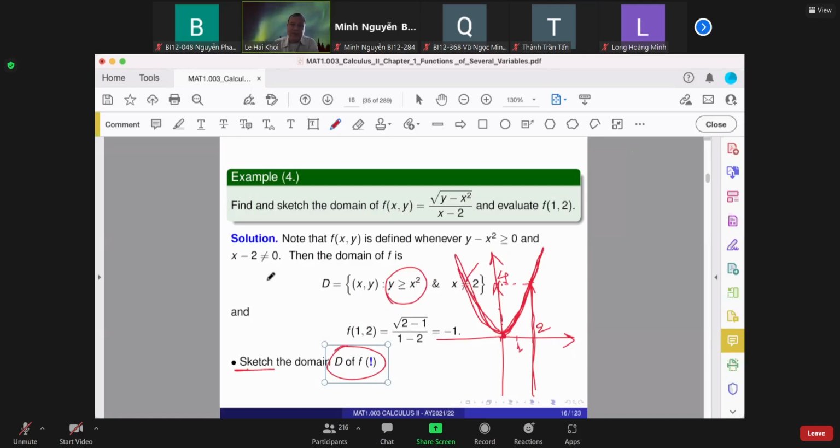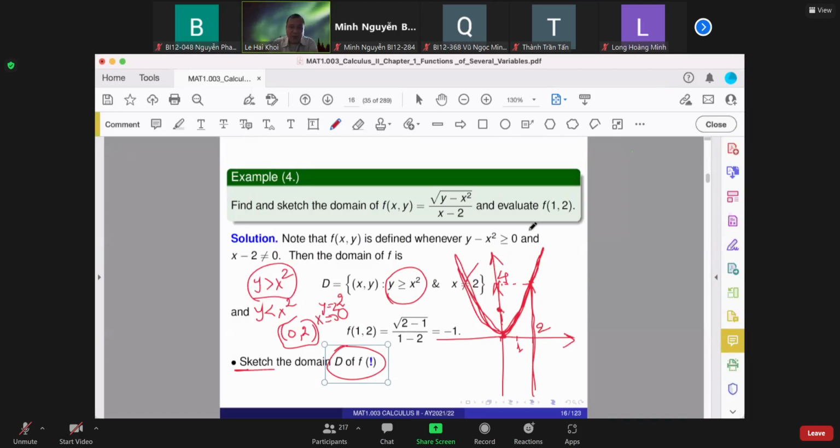One part is bigger than x squared, the other part is less than x squared. So for example, you take the point x is 0, y is 2. That is, you consider (0, 2). This is x is 0, y is 2 here.